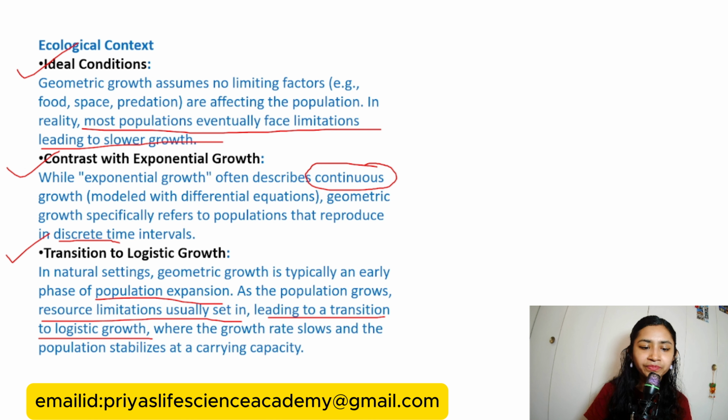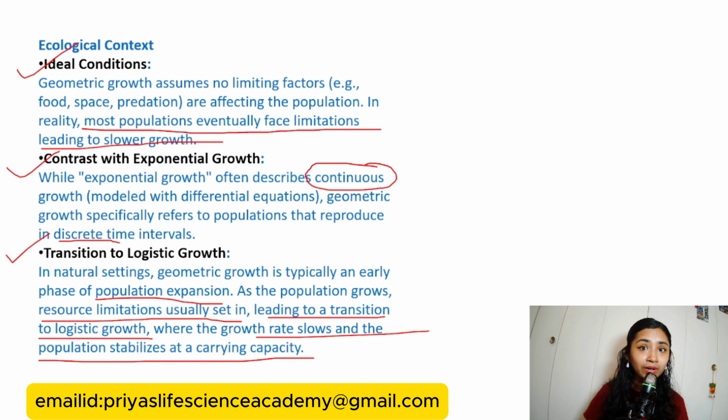Yes, because in the initial case there will be a lot of resources, so the population will grow very nicely, but as time passes there will be scarcity of resources, so the growth rate slows and the population stabilizes at the carrying capacity. I hope you also remember what carrying capacity is. If not, then go to the previous video and watch it carefully.